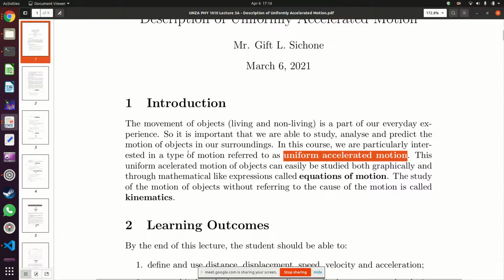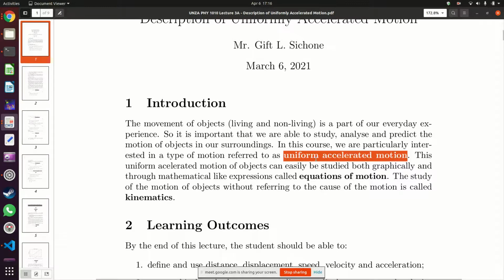Either the particular object you're trying to study begins to move much faster, so its velocity or speed increases, or it begins to slow down, meaning that its speed starts to reduce until probably it comes to a stop.